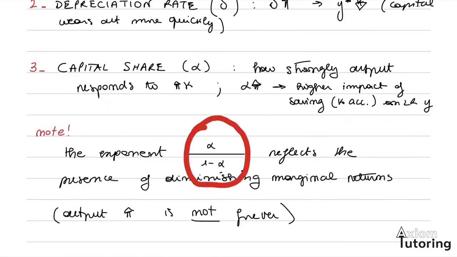However, the presence of this fraction and the fact that alpha is less than 1 allows us to conclude that each extra unit of capital becomes progressively less productive as the capital stock grows.